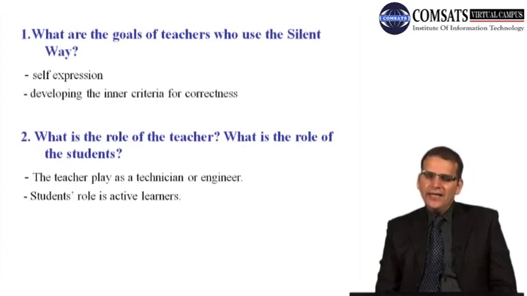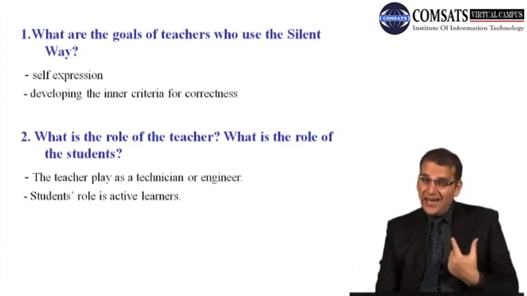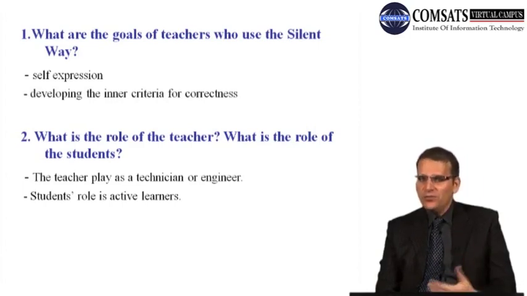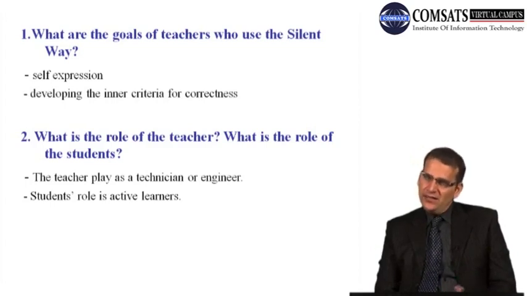And also, inner criteria for correctness, in fact. The internalized grammar, like the hypotheses that we keep on making, is an important point in this method. In the last method we saw habit formation, but here in the Silent Way the student should develop inner criteria for correctness, like native speakers.